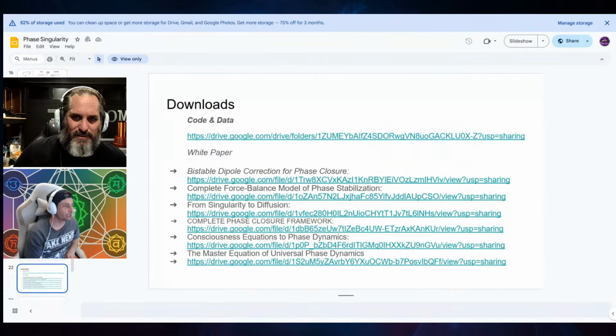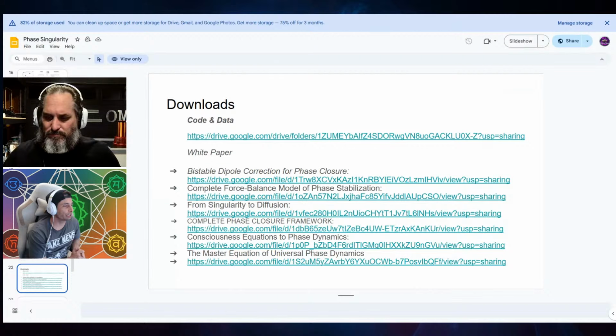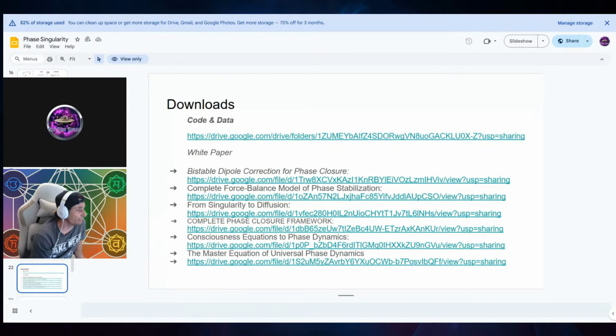Okay. So screenshot this, guys. Download that Google Drive at the top. It has the code in it. It has the README. And if you're interested in any of these other papers, they literally break down the process of discovery over time. So the dipole will obviously focus on that.